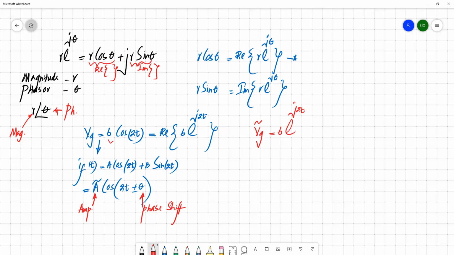We found that this maps to the real component of this particular function.